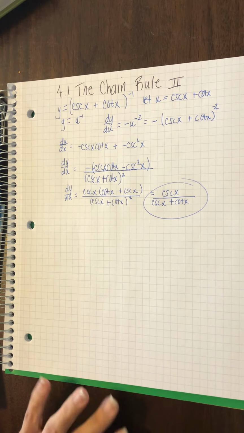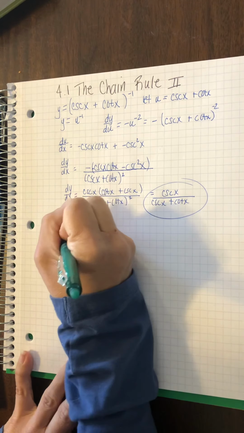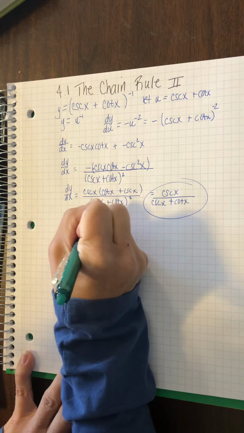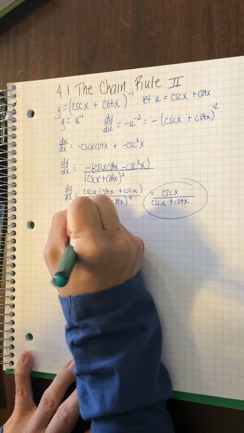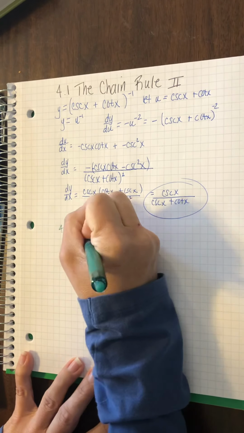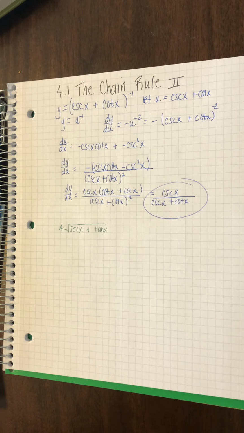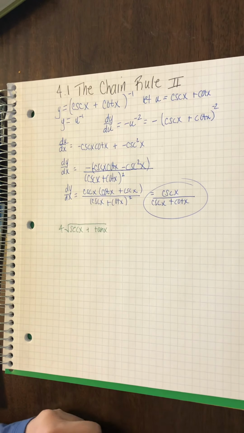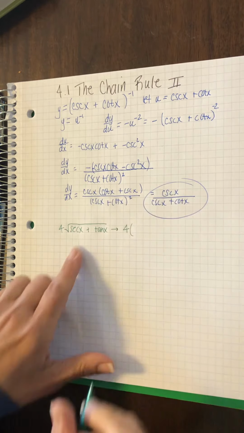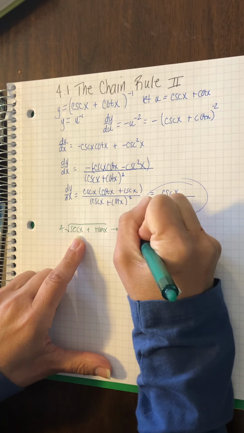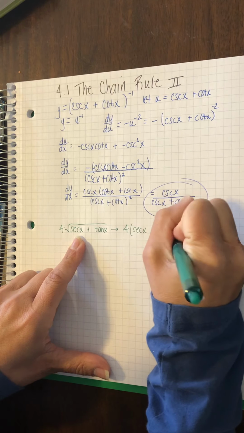The next one, number 18, is 4 times the square root of secant plus tangent. I'm right away going to rewrite this. I do not want to deal with a square root function in terms of how it's written. I'd much rather deal with the 1/2 power.